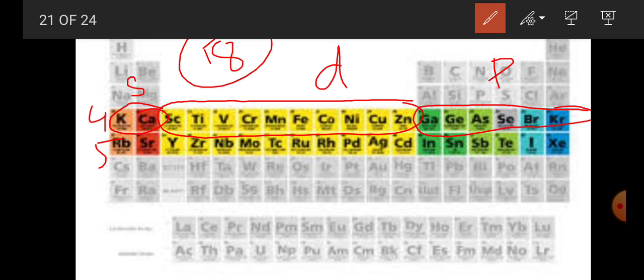scandium to zinc, and the P block elements start from gallium, germanium, arsenic, selenium, bromine and krypton. Done.